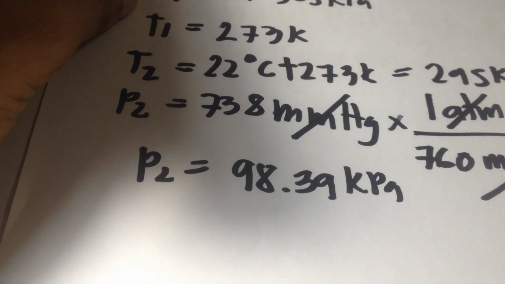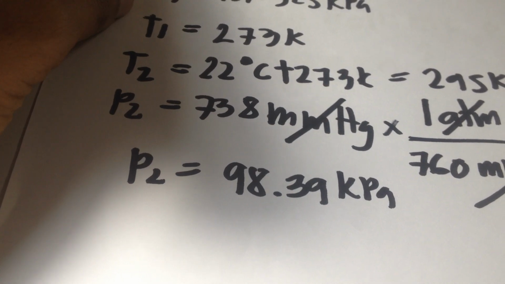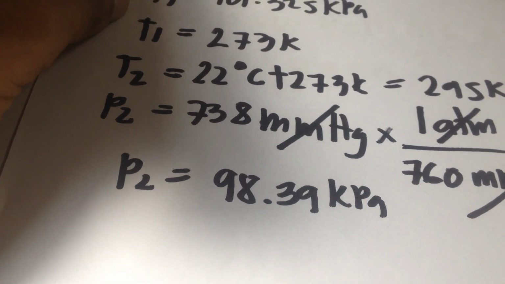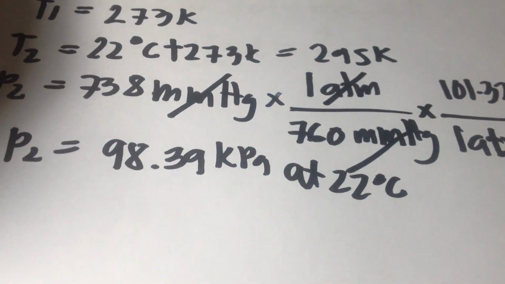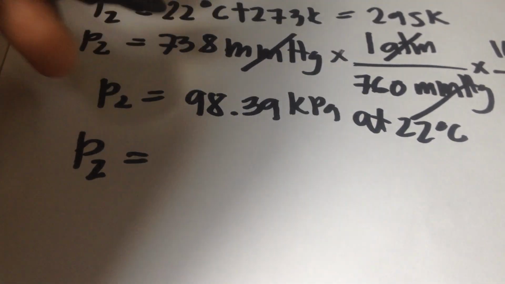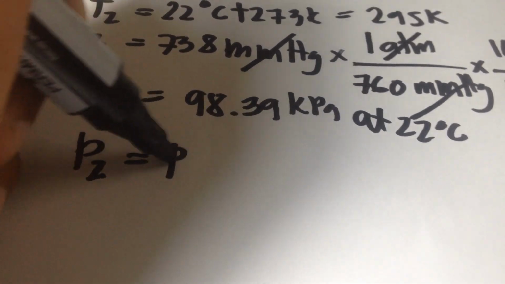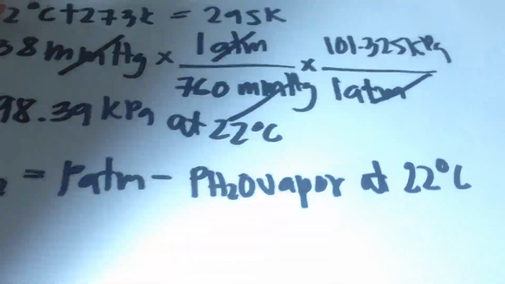At what temperature? 22 degrees Celsius. So let's find out. The pressure of O2 equals P atm minus P water vapor at 22 degrees Celsius.